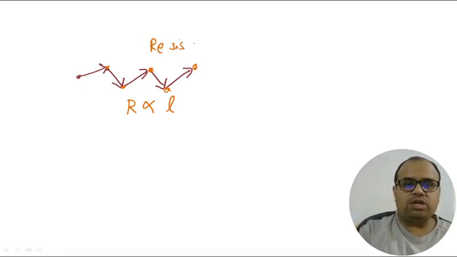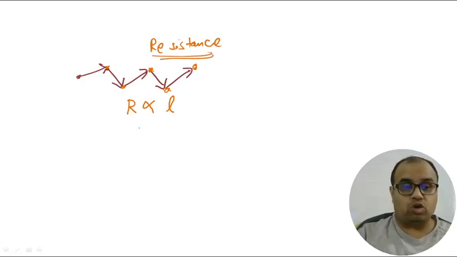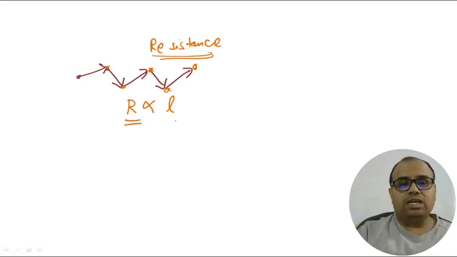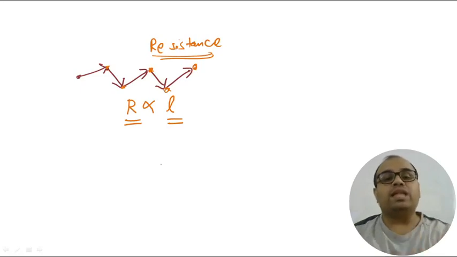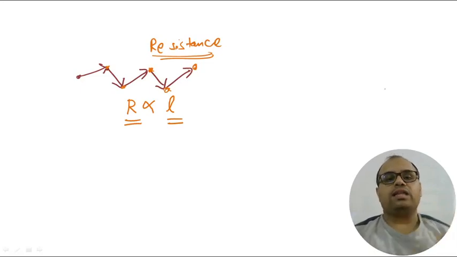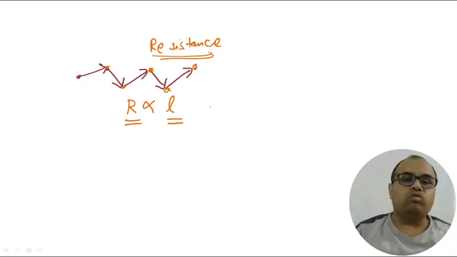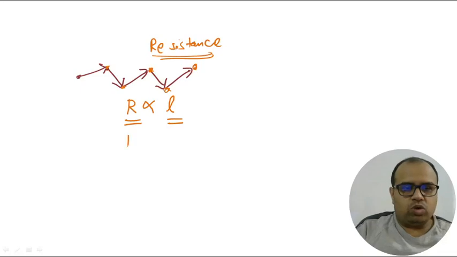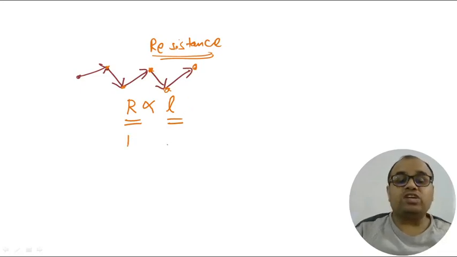So what is the reason behind the resistance? It is the collision amongst the electrons of the conductor. Now this resistance is directly proportional to the length of the conductor. It means that the longer the length of the conductor, the more the resistance, because more collisions would be there. Also, the shorter the length of the conductor, the lesser the resistance.